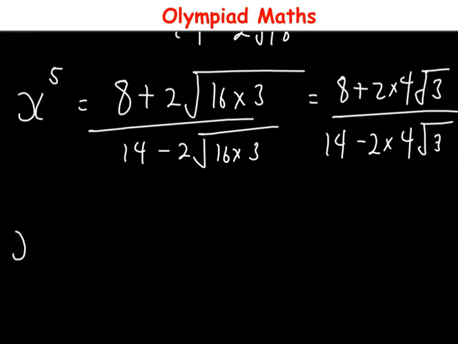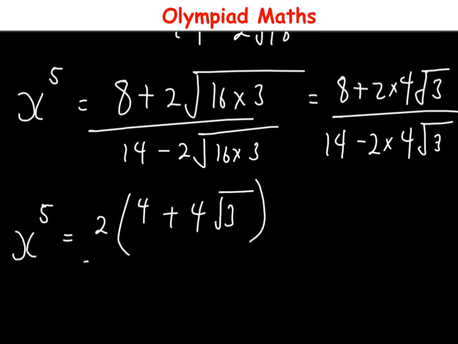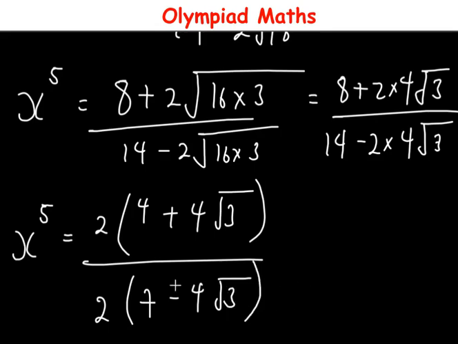We have x raised to power 5 is equal to 2 into bracket 4 plus 4 root 3 for the numerator, while for the denominator, we have 2 into bracket 7 minus 4 times root 3. Okay, so from here, 2 will cancel 2.